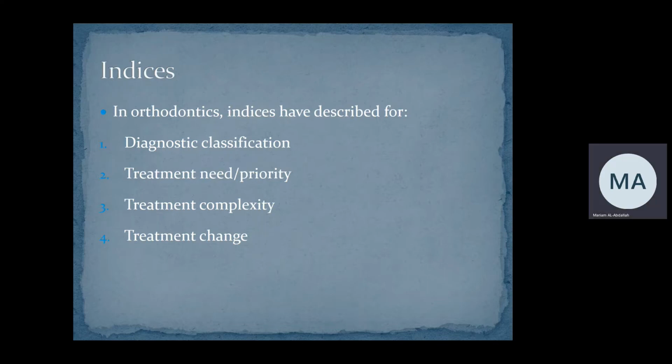we will focus on the diagnostic classification, but in orthodontics we have indices for treatment need, treatment complexity, and treatment changes or outcome. Okay, now for the second, third, and fourth item, I just want you to know those examples.